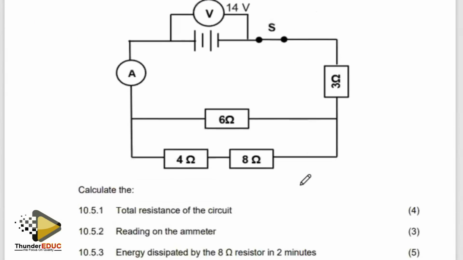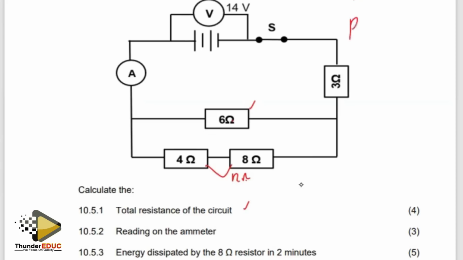Then 10.5, the battery in the circuit diagram below has an EMF of 14 volts with negligible internal resistance. S is closed. They want us to calculate the total resistance. So what we can see is that we are having a combination of both series and parallel. So this 6 is in parallel with these two. But since these two are in series, I'll have to first of all add those two and say 4 plus 8, which is 12 ohms. Then the 12 ohms will be in parallel with the 6 ohms.